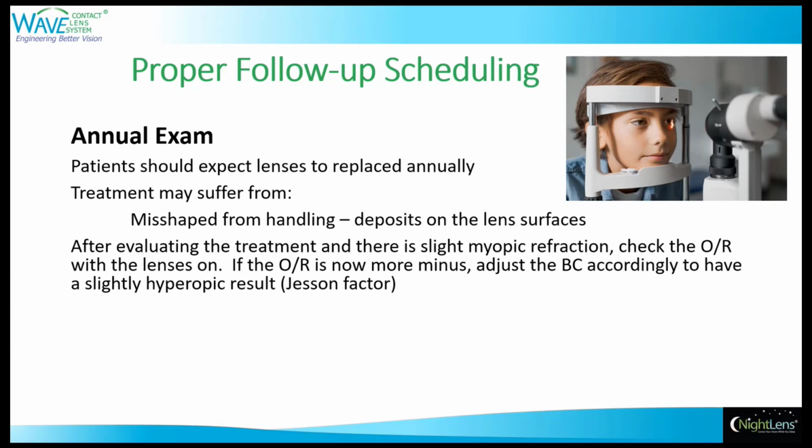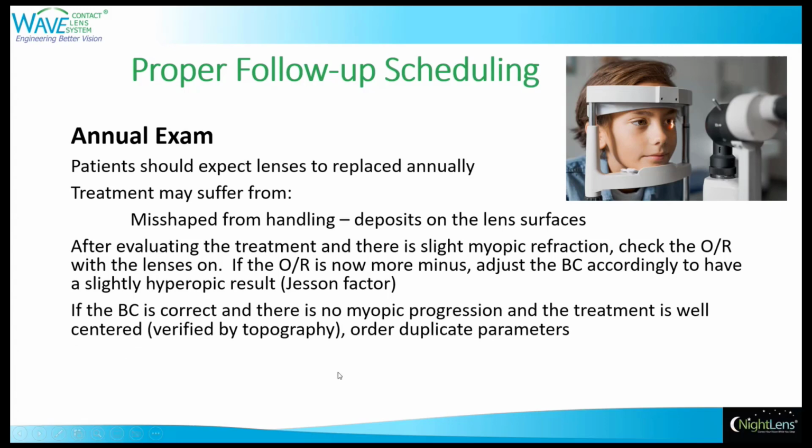After evaluating the treatment, if there is some slight myopic refraction where there wasn't earlier at the 6-month level, check the overrefraction with the lenses on. If the overrefraction is now more minus, whereas at the 6-month level was plano or slightly hyperopic, you're going to need to adjust the base curve to get back to that plano or slightly hyperopic result.